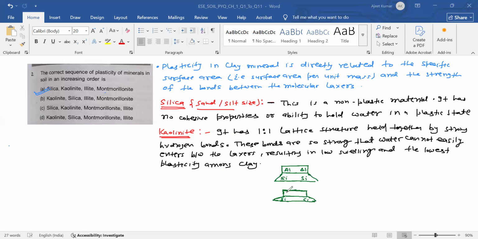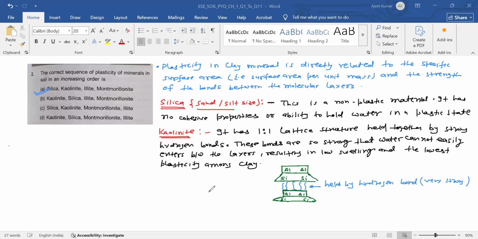This is hydrogen bonding, held by a hydrogen bond, very strong. Okay, so this is about kaolinite.